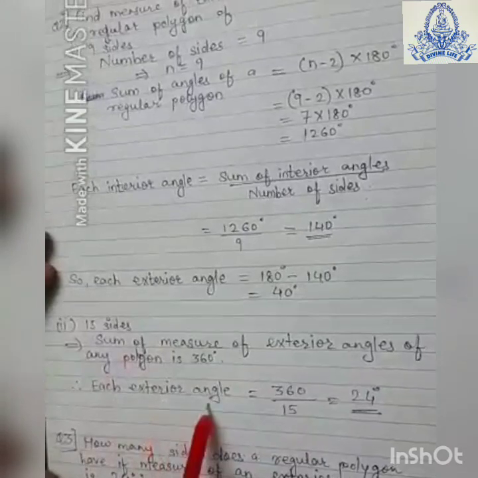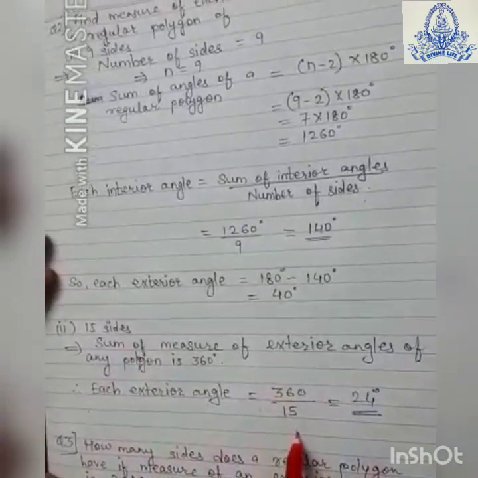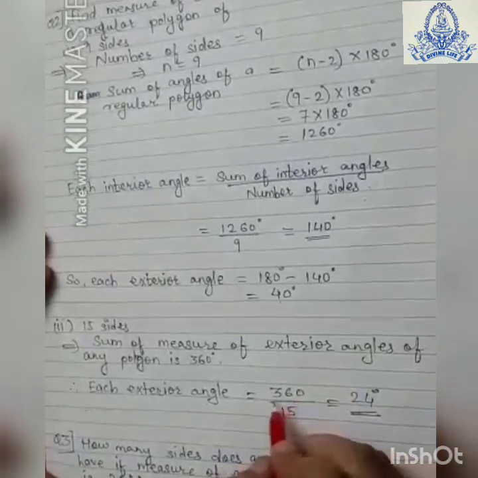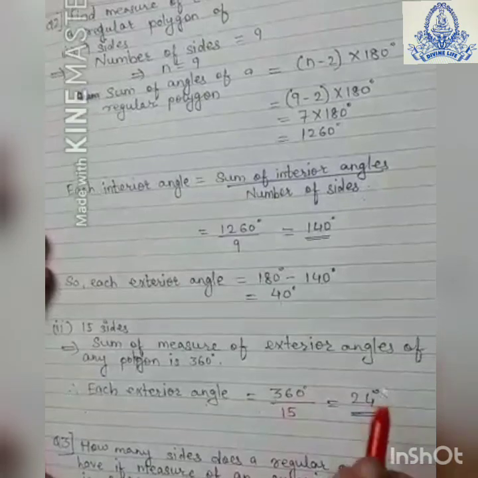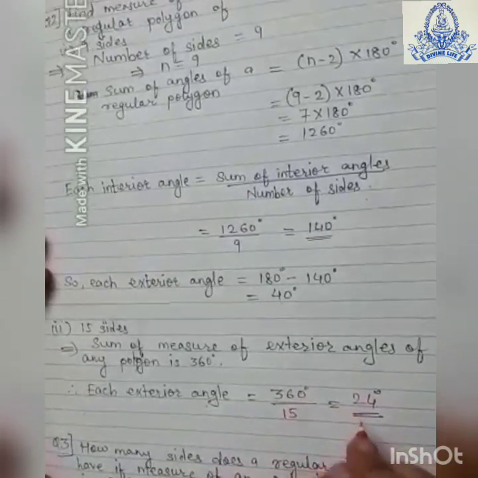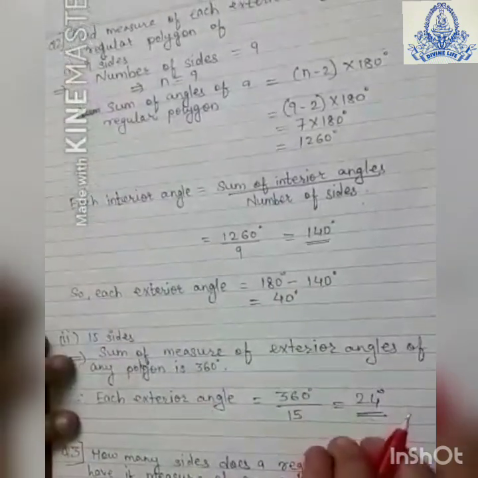So each exterior angle is equal to the sum of exterior angles upon the number of sides. The sum of exterior angles is 360 degrees and the number of sides is 15. So each exterior angle is 24 degrees. So this example also you can solve in this manner.